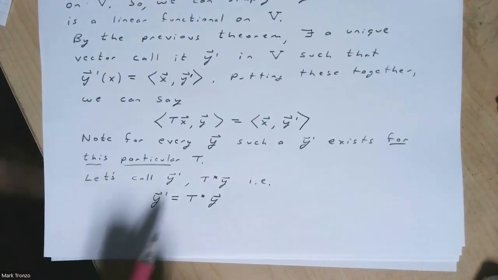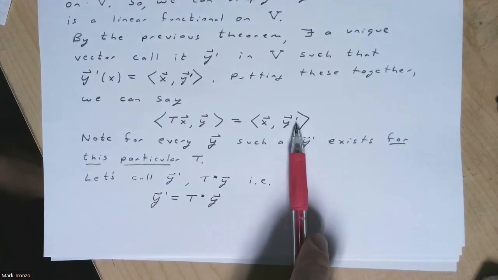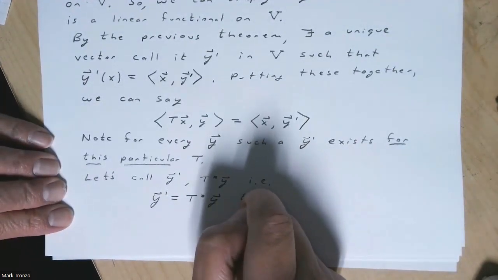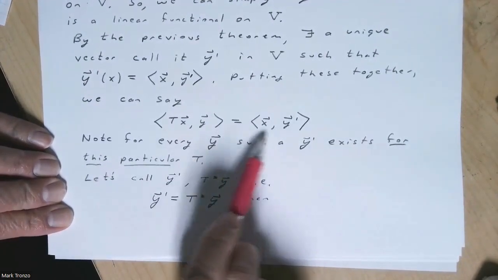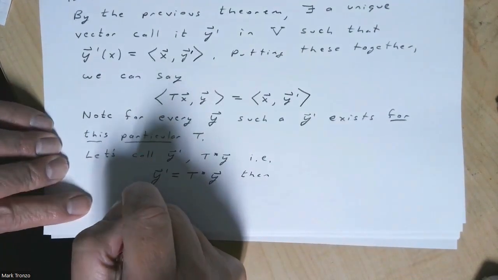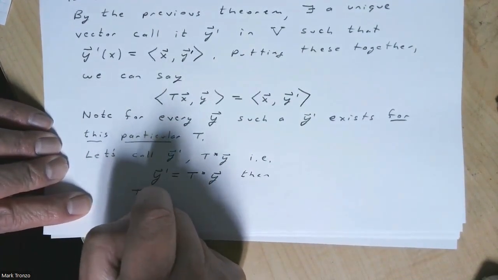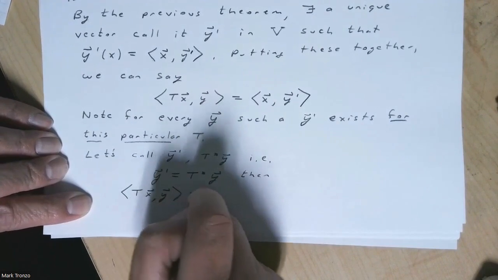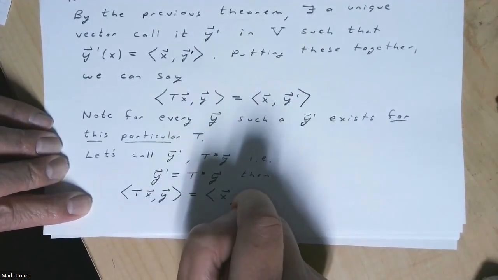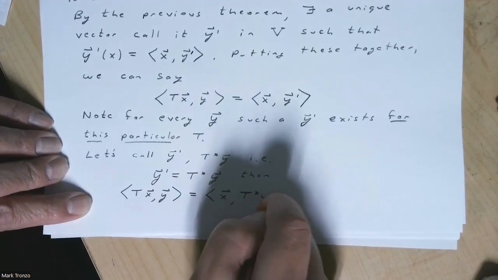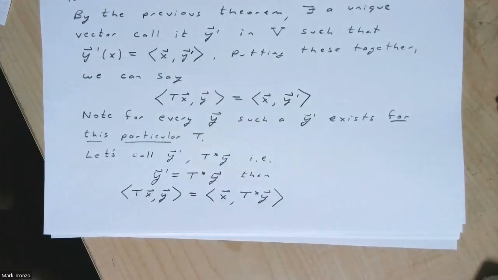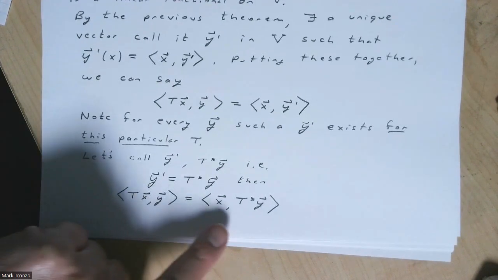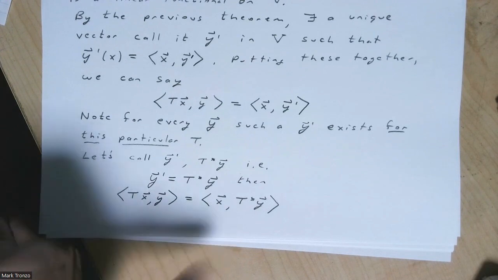So we've just redefined the name we have. Then finally, if we go back up here, we have the inner product of T x and y equal to the inner product of x and T star y. So we have defined the adjoint as we had said we wanted to do. So this is the adjoint.